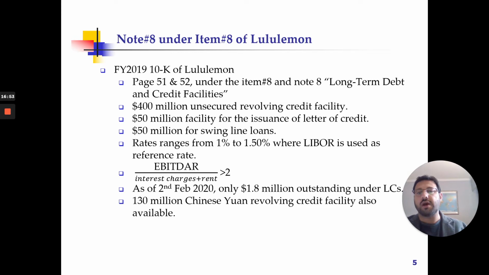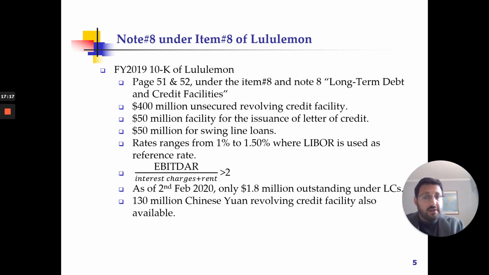Then 50 million is available under the swing line loans. For individuals, we have payday loans. For firms, it is swing line loans. Sometimes, in order to service the debt, they might have to borrow from the banks to service some existing debt.